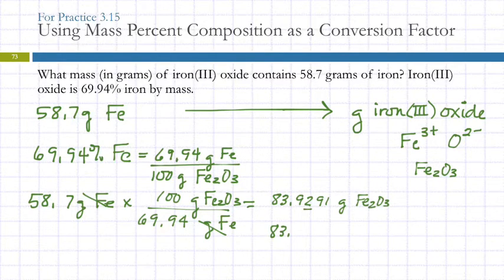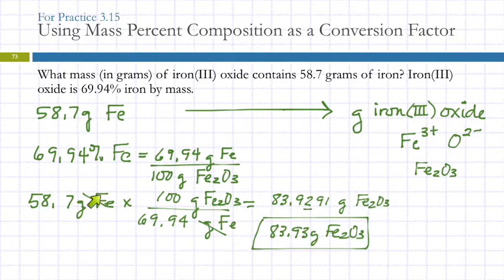So 83.93 grams of Fe2O3. And then look at that and say, does that make sense? If the compound has this many grams of iron in it, should the compound weigh more or less than the mass of the iron? It should weigh more.